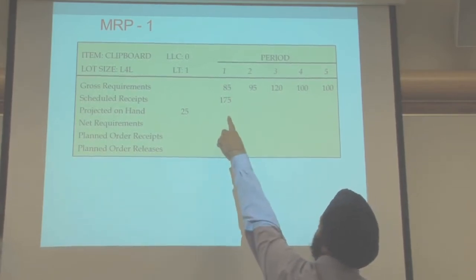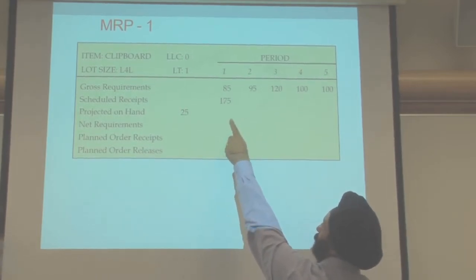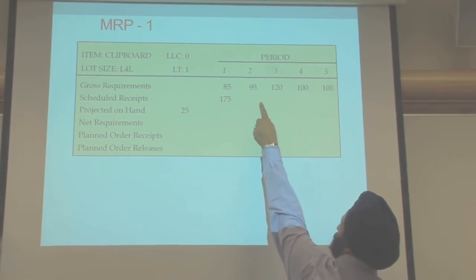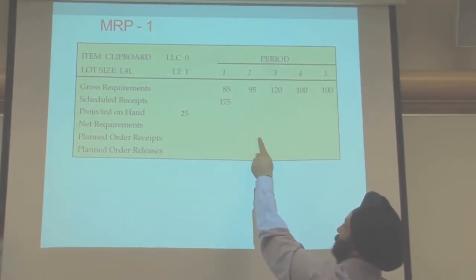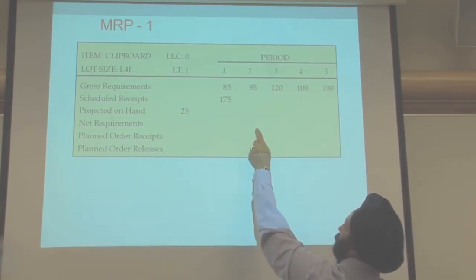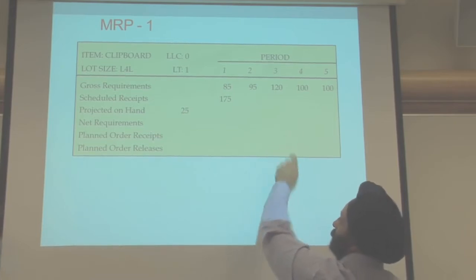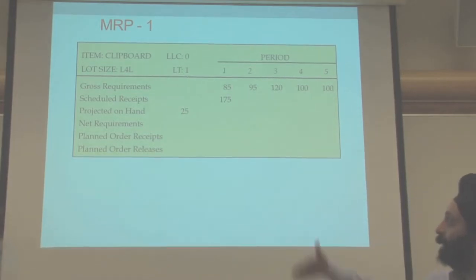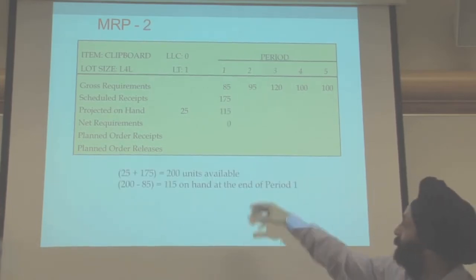So if you still have positive inventory, your net requirement is 0 over here. And then that 115 minus 95 will still give you projected inventory of 20, net requirement is 0. So that 20 over here minus 120, that's a negative 100, and that's where the net requirement of 100 comes in. And that's when we'll start planning.